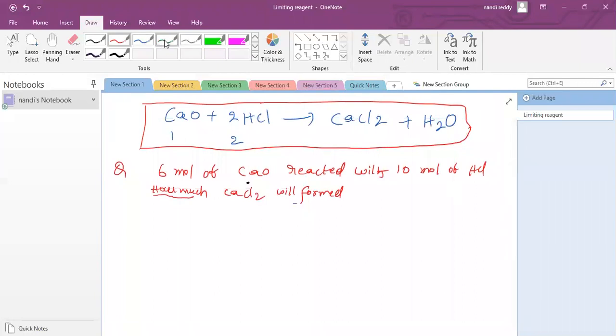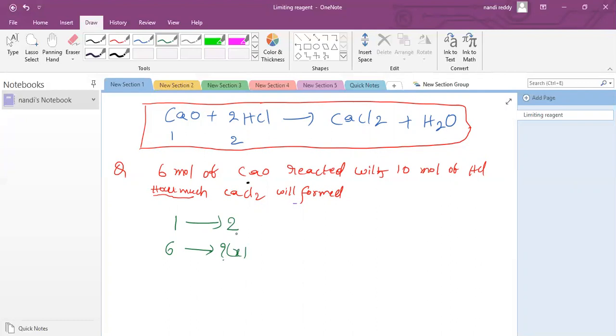Now this is very simple. We know according to the equation 1 mole CaO reacts with 2 moles of HCl. If 6 moles of CaO are given, how much HCl is required? To find the limiting reagent, we need to do a little bit of stoichiometric calculation. By looking at the equation or question, you can't find which is the limiting reagent. Clear?